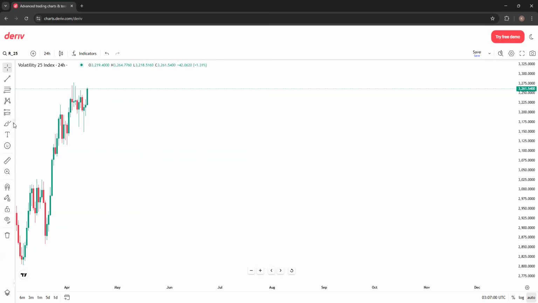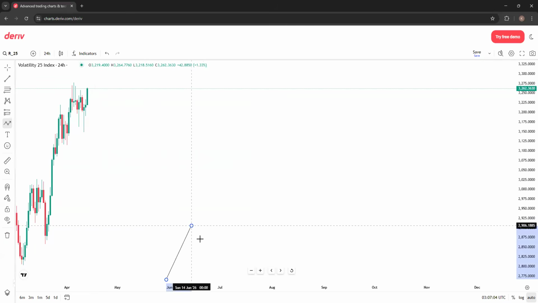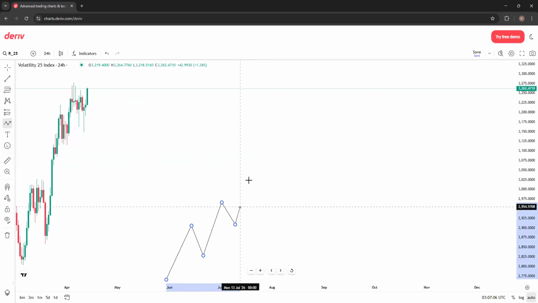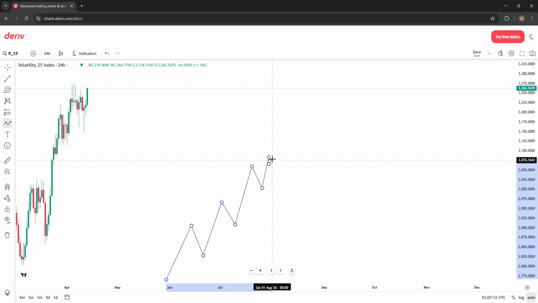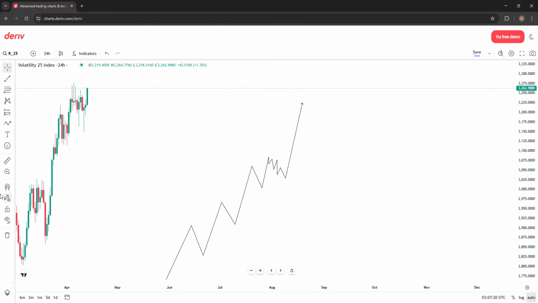So generally, just to have a recap, we said flags depict an uptrend, right? They show us that price is in an uptrend, and the way that we want to buy a flag is as a continuation. We said we have two types of flags.